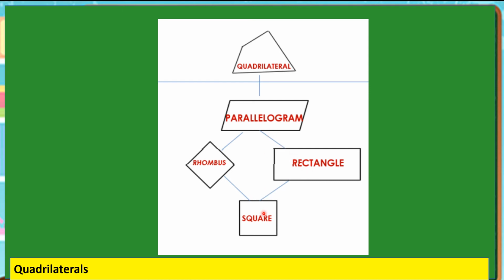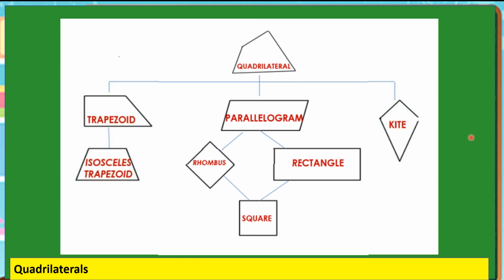So, special si square kasi pwede siyang tawaging rhombus dahil ang kanyang sides ay congruent kagaya ng rhombus at pwede din siyang tawaging rectangle because all of the angles are congruent, which is 90 degrees. So, meron pa tayong natitirang dalawang kinds ng quadrilateral.